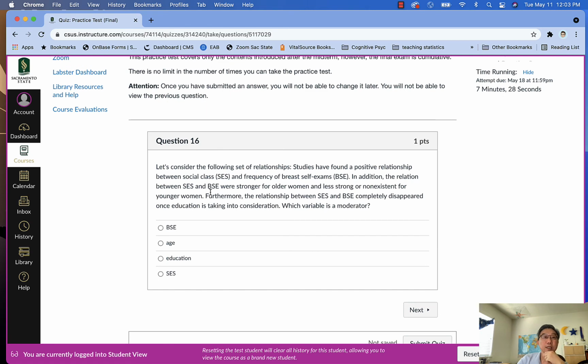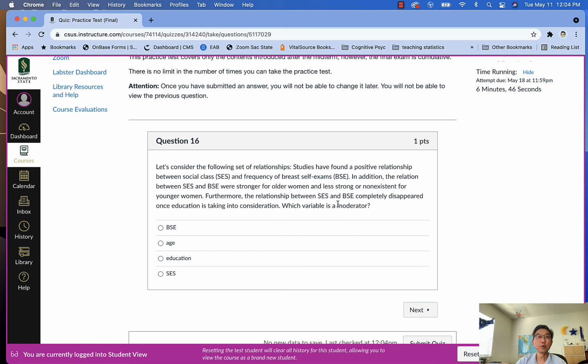Let's consider the following set of relationships. A study found a positive relationship between socioeconomic status and frequency of breast self-exam. In addition, the relationship between the two was stronger for older women and less strong or non-existent for younger women. So right here, we see that age is the moderator of this relationship. The relationship between the two becomes stronger or weaker depending on age.